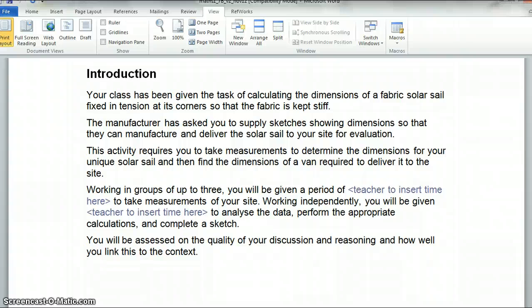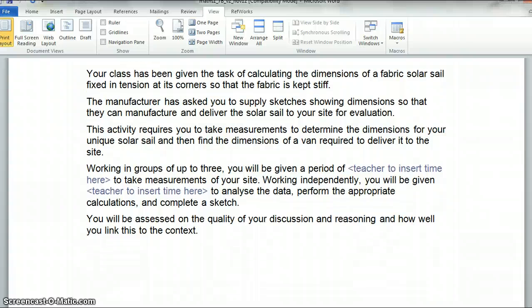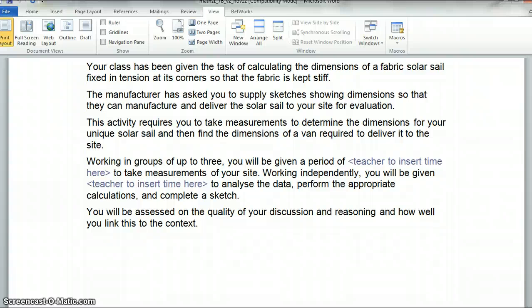Introduction. Your class has been given the task of calculating the dimensions of a fabric solar sail fixed in tension, so that means tight, at its corners so that the fabric is kept stiff.